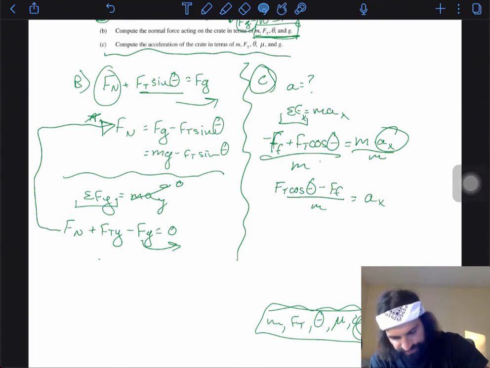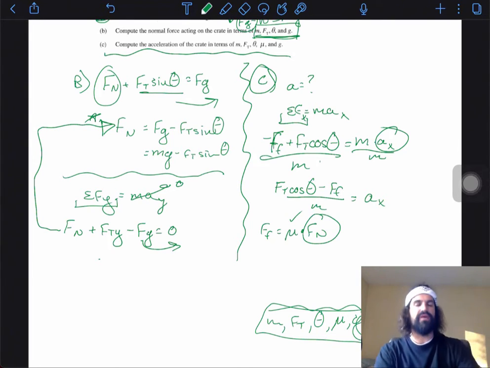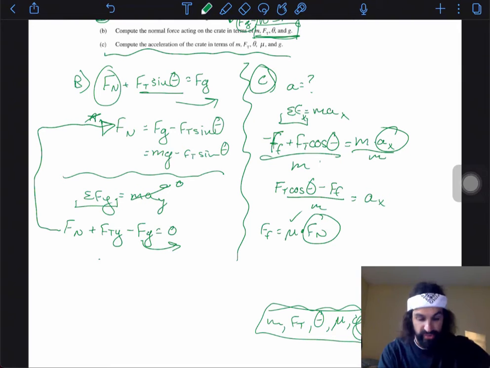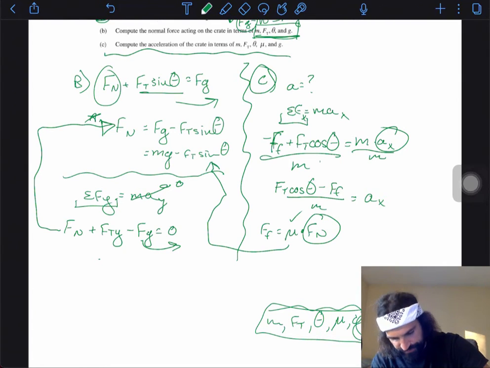Well, fortunately, from your equation sheet, the force of friction is equal to mu times normal force. Mu is given, but normal force is not. So now I feel stuck again, but then I realize, oh yeah, we solved for it in part B. So we can replace normal with mg minus Ft sine theta.